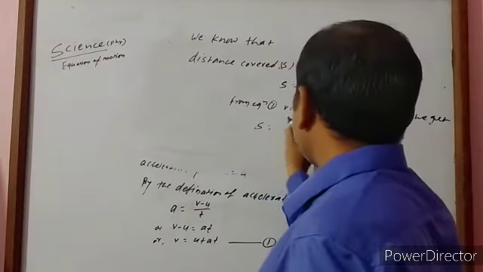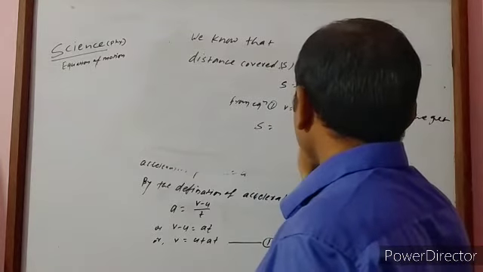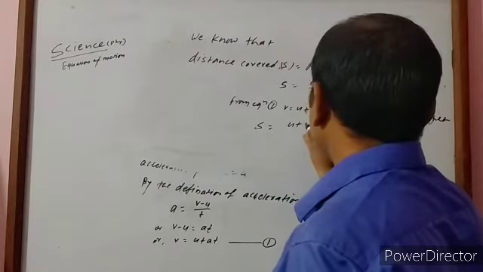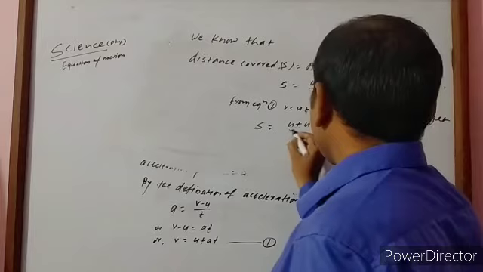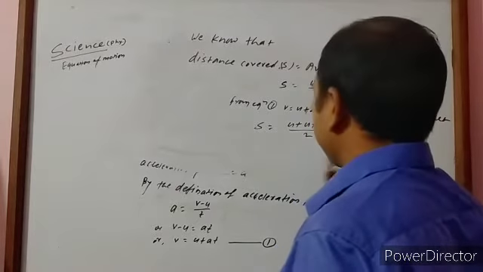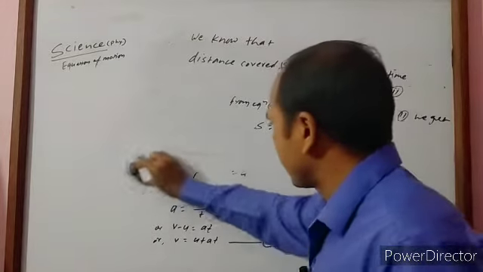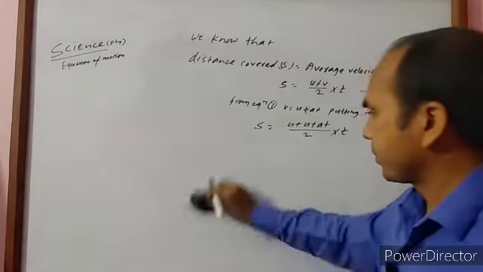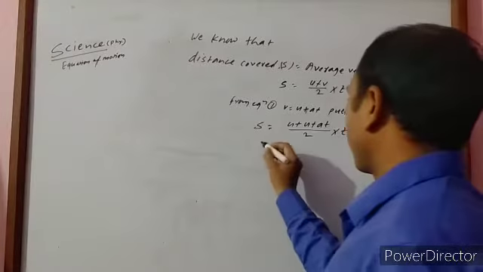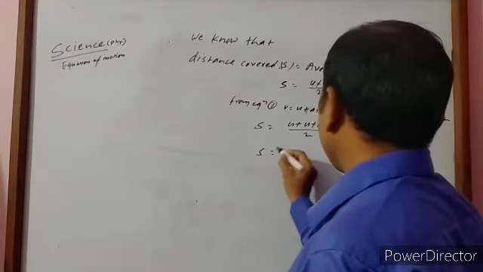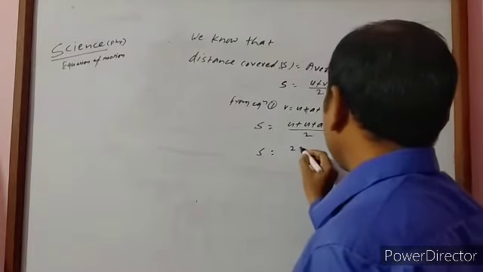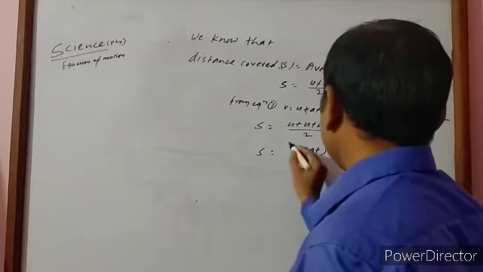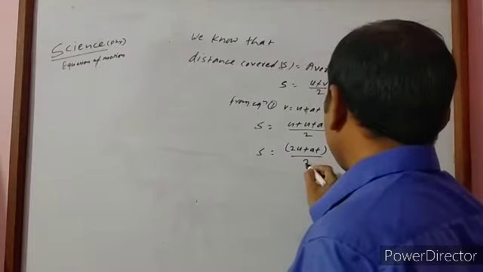Then s is equal to u plus u plus at by 2 into t. After this, here s is equal to 2u plus at, multiply t by 2.